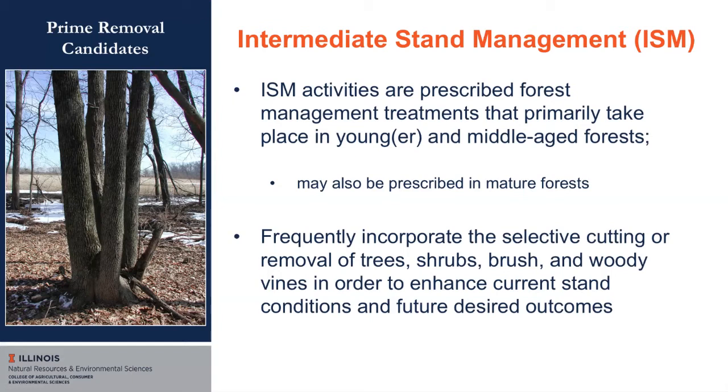I know that we have people online who are not from Illinois, but Illinois has about 120,000 woodland owners. And that means that not everyone is going to have the same goals and objectives for their property. So intermediate stand management practices are tailored for each specific property, for each specific landowner, and for each specific stand that we are managing on a forest parcel.